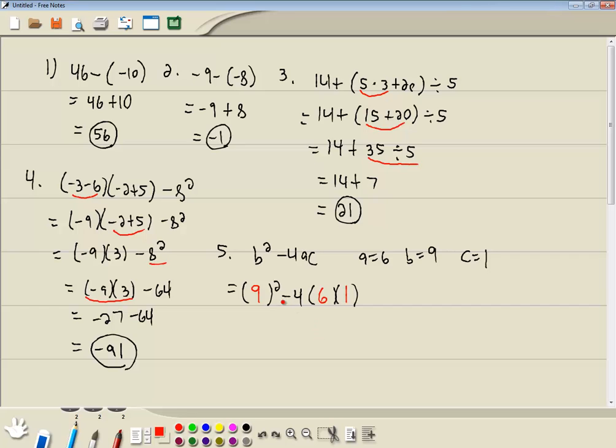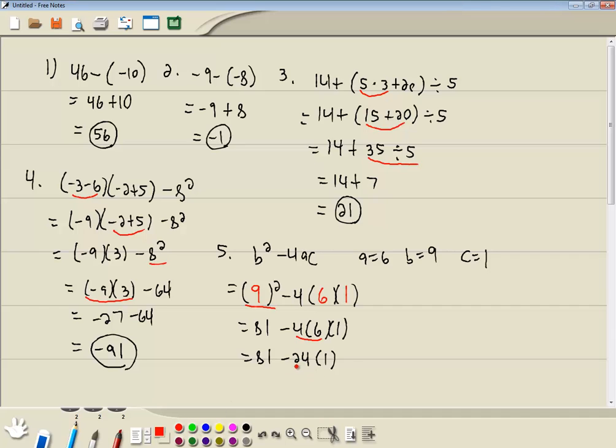Please excuse exponents. Well, here's 9 squared. Gives us 81, and everything else carries down. Please excuse my dear. Multiplication and division, I count either one from left to right. Well, here's 4 times 6. So we got 81 minus 4 times 6 is 24 times 1.